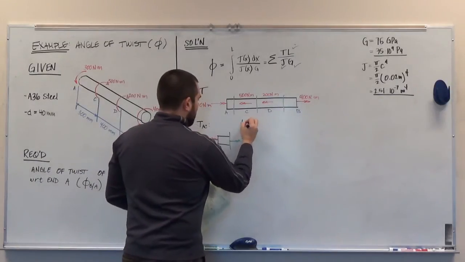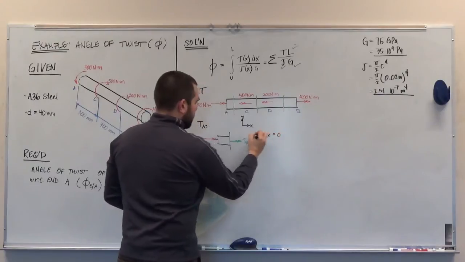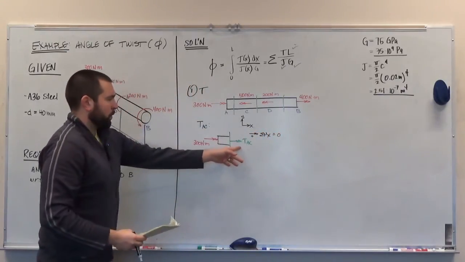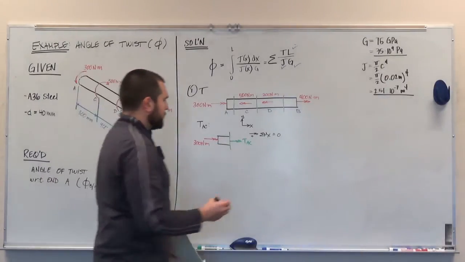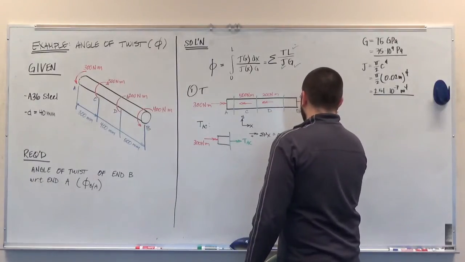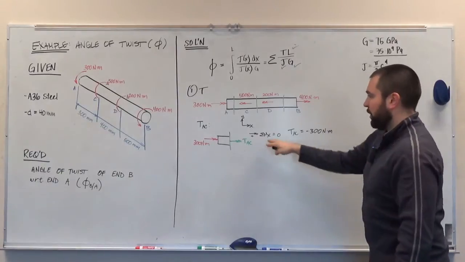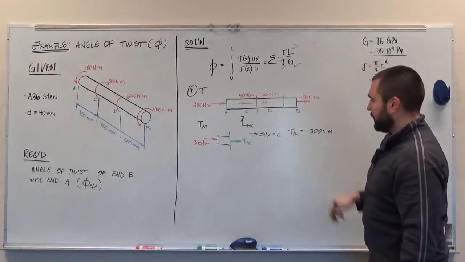If here's my coordinate system, I will sum the moments about the x-axis equal to 0. And I will find that internal torque AC from this equation is going to be equal to negative 300 Newton meters. So I get the internal torque AC is equal to negative 300 Newton meters.